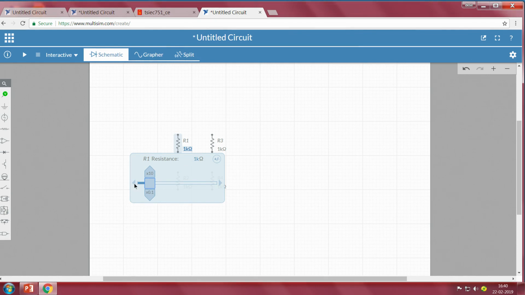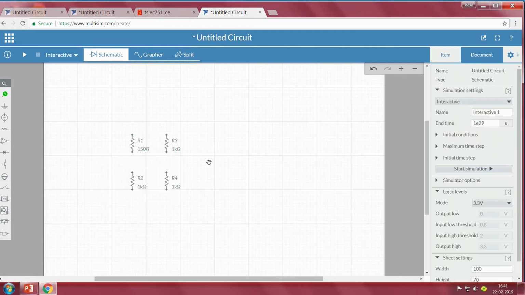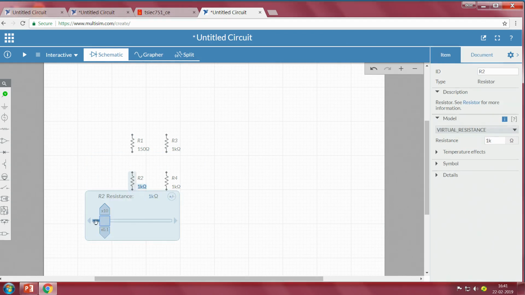Let's take 150 ohm here, and then the same thing here.